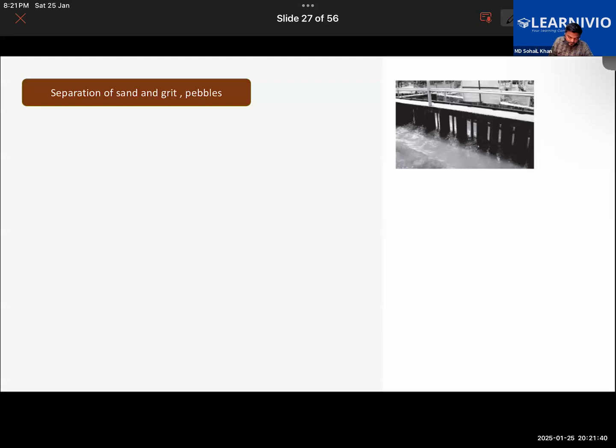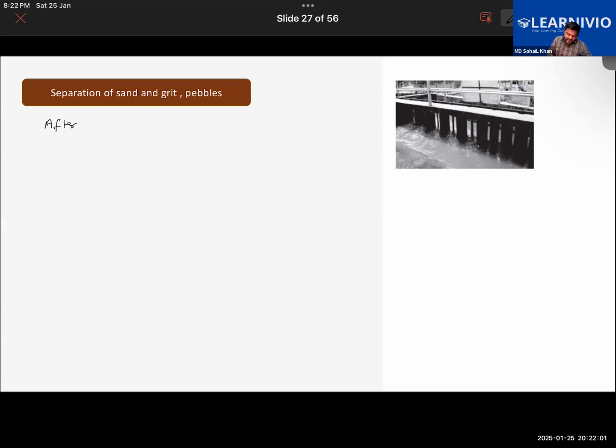Grit is like small pieces of stone, very small. Grit is larger in size than sand, but smaller than the pebbles, I would say.